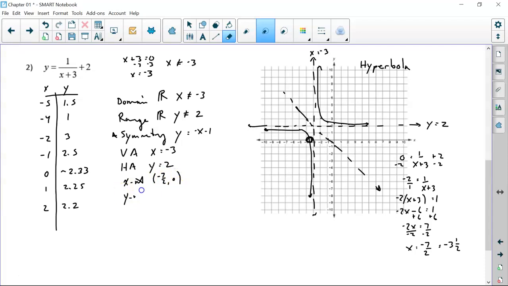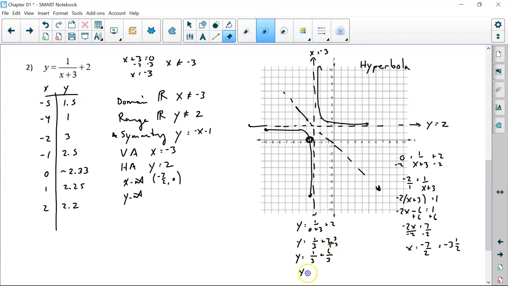And our y-intercept. Remember, for our y-intercept, we're setting x equal to 0. So y equals 1 over 0 plus 3 plus 2. So y equals 1 over 3 plus 2. We have to add those fractions. So y equals, and now that 2 over 1 becomes a 6 over 3.